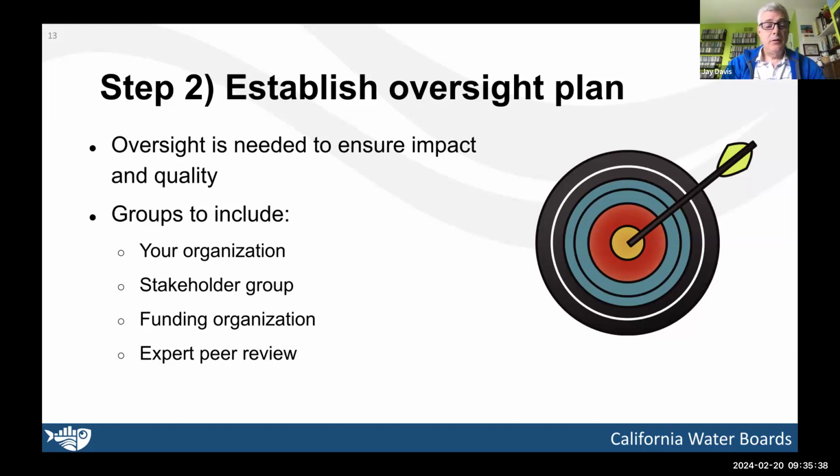And then an important part is, we do a lot of this in the larger programs. We bring in outside experts to provide peer review, but even if you're thinking of a small project, it's good to consult with experts along the way to help you with your design, with identifying labs, with interpreting the results. So it's important to be able to consult with experts.